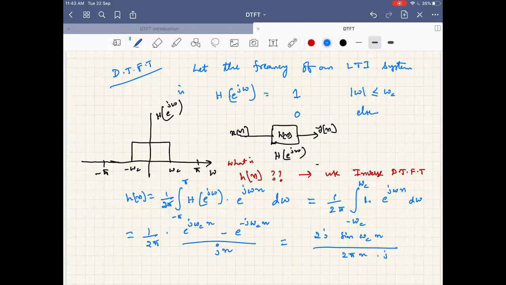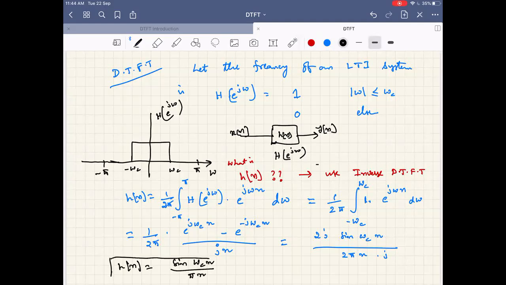Fine. This gets simplified as, so what I'm trying to find here, h of n is equal to sine omega c n by pi n.